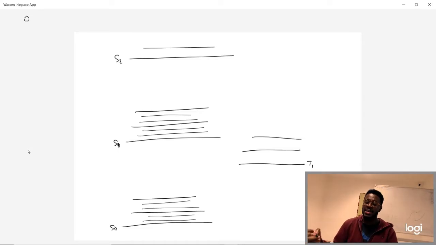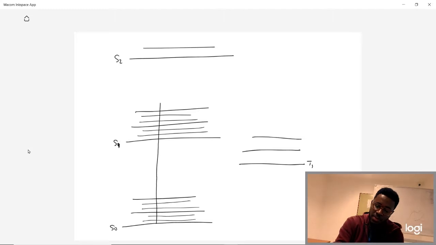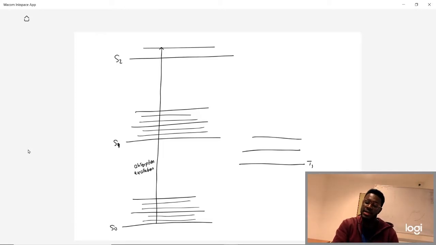Okay, so you have absorption. Let's have the absorption go from here to here. This absorption, or excitation. There are different ways to relax.